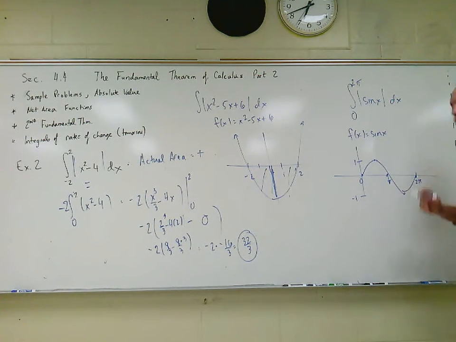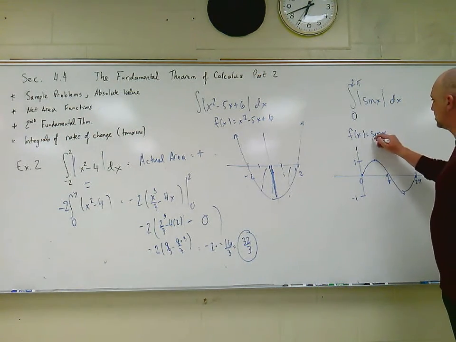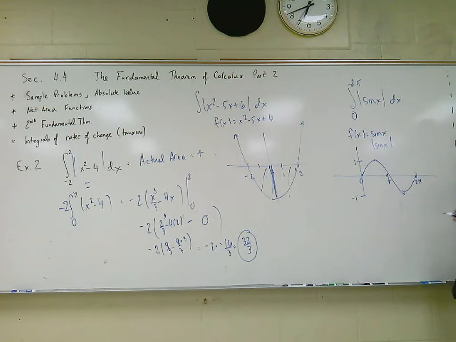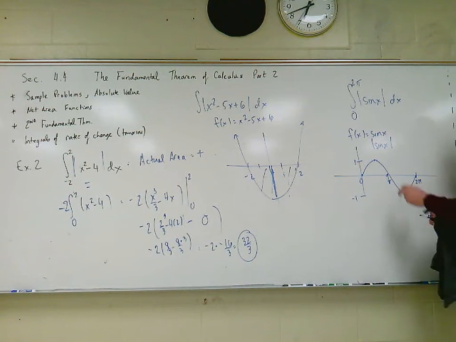Now your eyes are going to what? What are your eyes looking for? Right now, because this is not my function, this is my function. So what do bars do to a function? Takes any parts that are negative and flips them where? Positive. Okay, so what's going to happen to this valley?